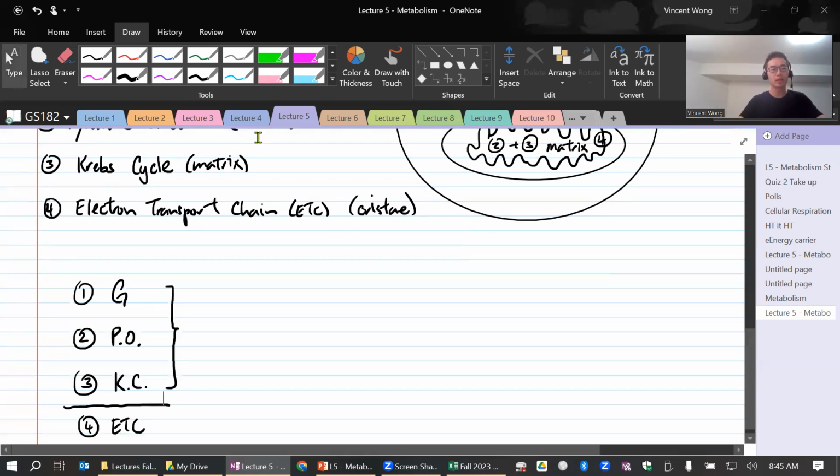So what you want to do here is to remove the electrons from the glucose in the first 3 steps. Okay, so high energy electrons are released from the first 3 steps, from glycolysis, pyruvate oxidation, Krebs cycle.